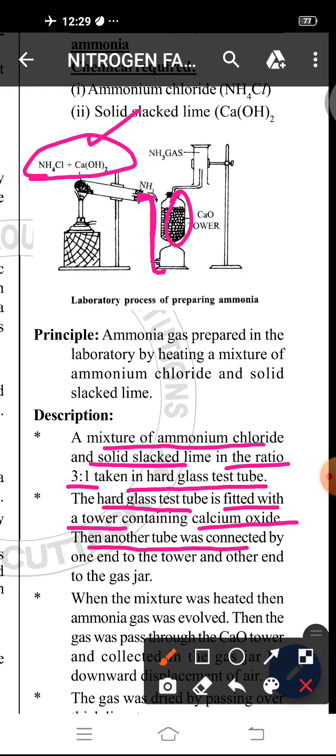Then another tube is connected, with one end to the tower and the other end to the gas jar. This is the laboratory setup.